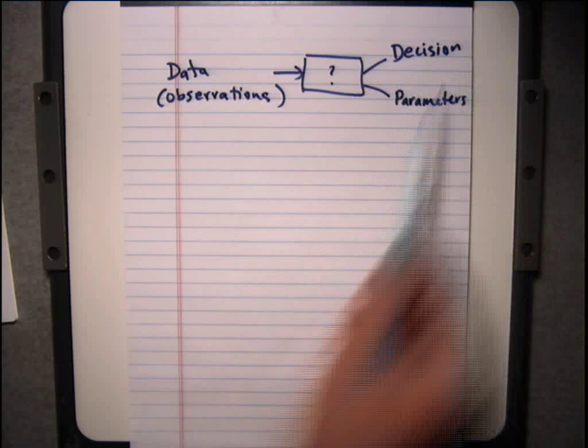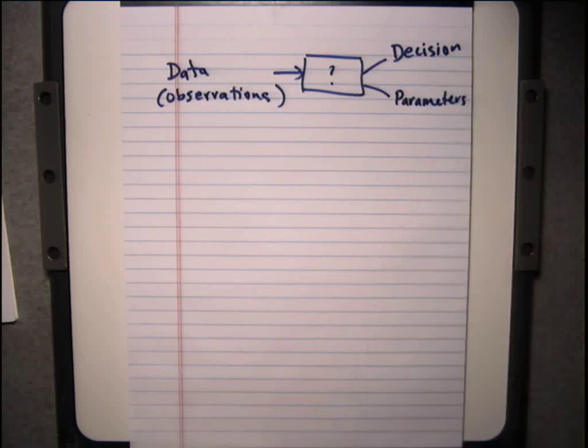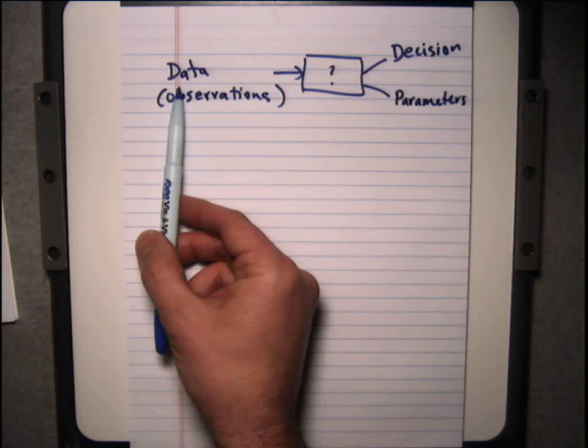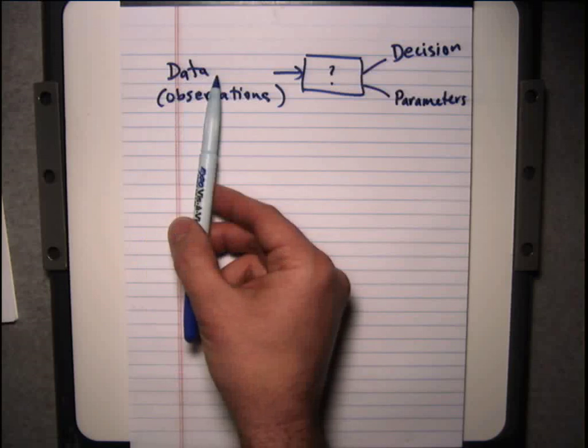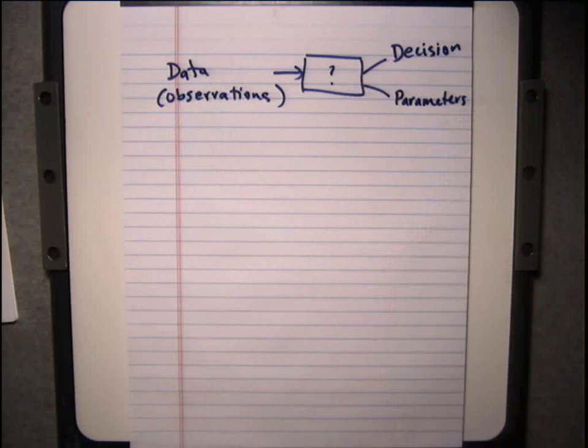But the difference between these fundamentally is that the parameter space is generally not discrete. It's continuous, okay? So for instance, you might observe, again, an audio signal. And the parameter here might be the settings on your recording device.